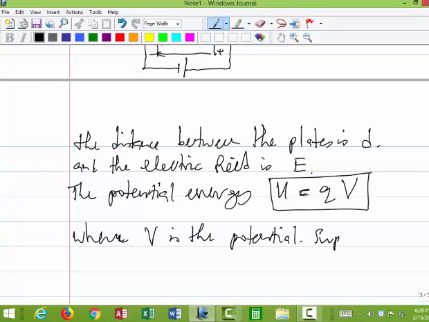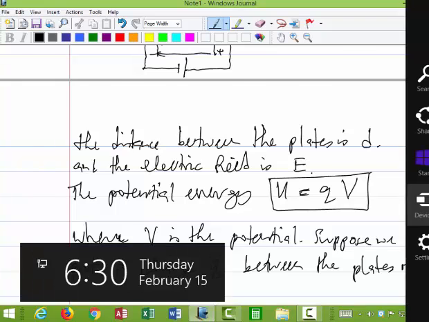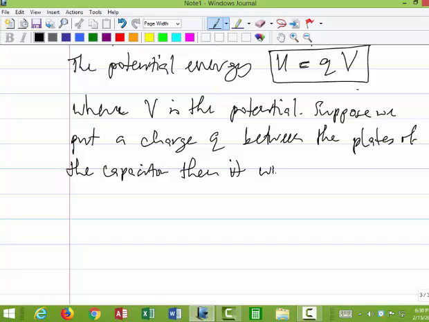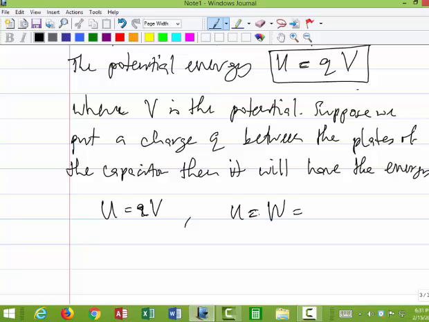So suppose we put a charge in between the plates of the capacitor, and it will have the energy U. That energy U is just equal to Q times V. We also know that the energy U is just equal to the work done, which is equal to force times distance. And so we shall use that to determine what the actual V is in the parallel plate.